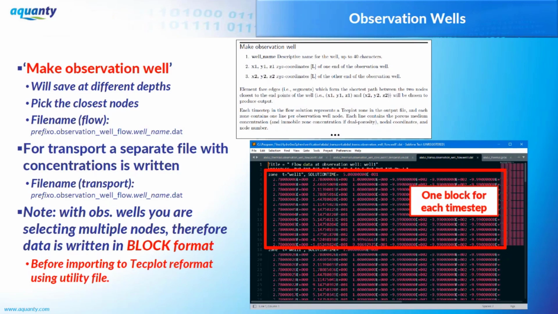Previously in Aquanty, we had a utility. I'm not sure if it's still supported or not. You read this file and you can choose all your depths to show, or you can choose some. Let's say after you run it, you are sure now that your screen should be between like the 5th node and the 7th node.